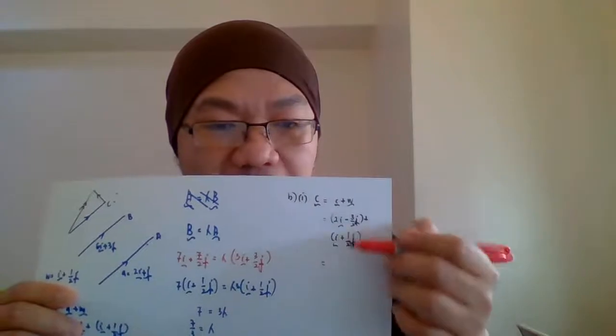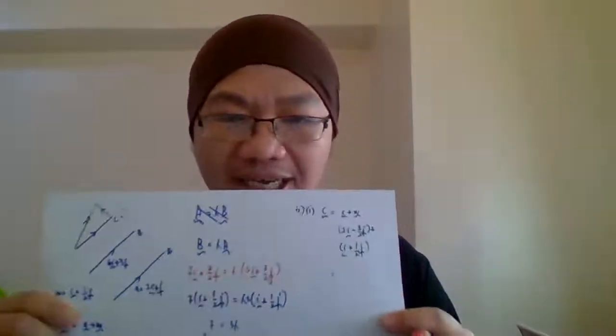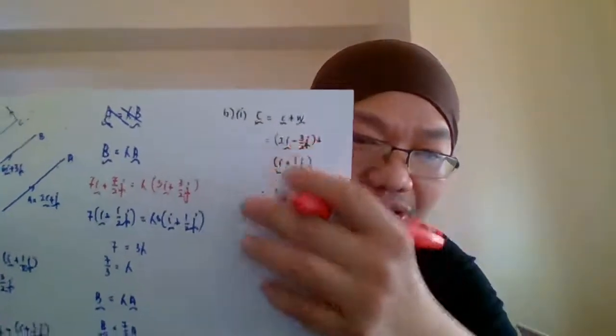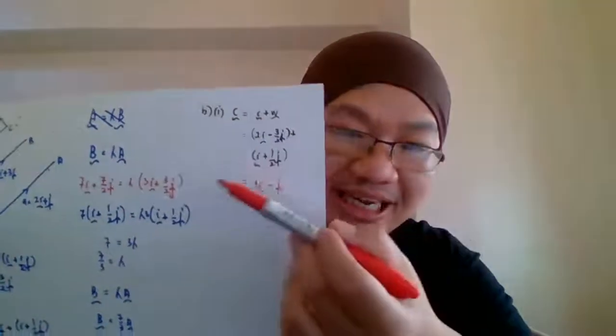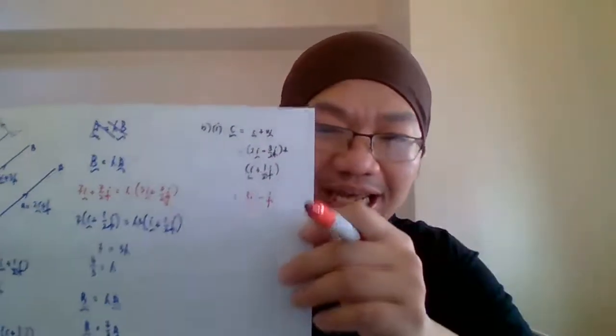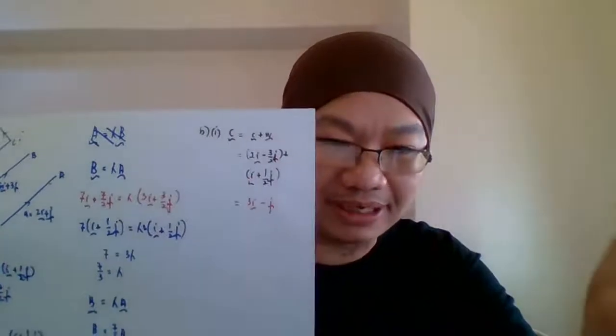You need to add these two. Okay, 3i minus j. I hope this answer is correct because I'm basing it on Art's answer. So you add these two together, then you get this. That is your B1 Roman.